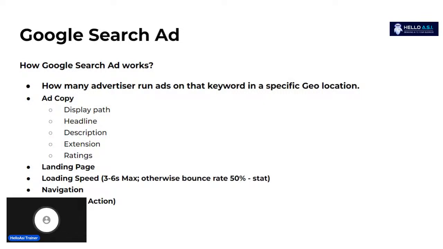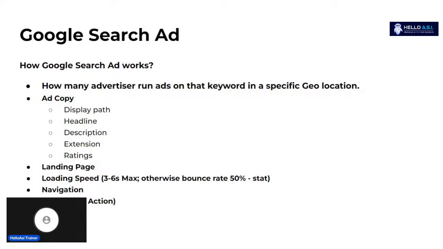And headlines: headline must be within 30 characters for each headline. Here are two headlines combined. If I copy this, you will see it is 33 characters. So two headlines are combined, and Google understands that they will be a combination of one.